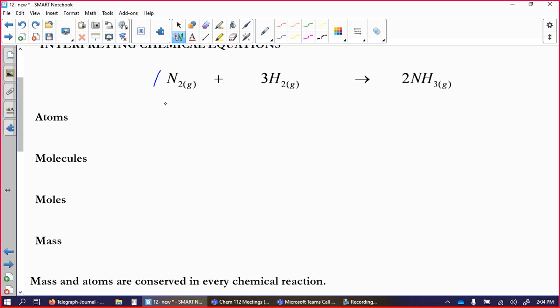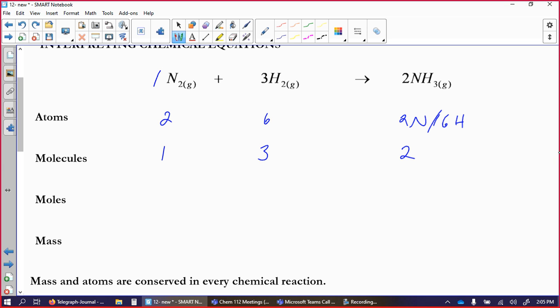So we can look at this. There's two atoms of nitrogen. We mix that up with six atoms of hydrogen, and we get two nitrogens and six hydrogens out of it. That's all well and good, but we can say one molecule of this, three molecules of that, give two molecules of ammonia.